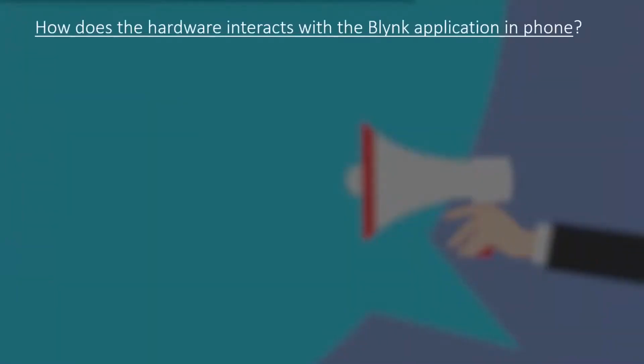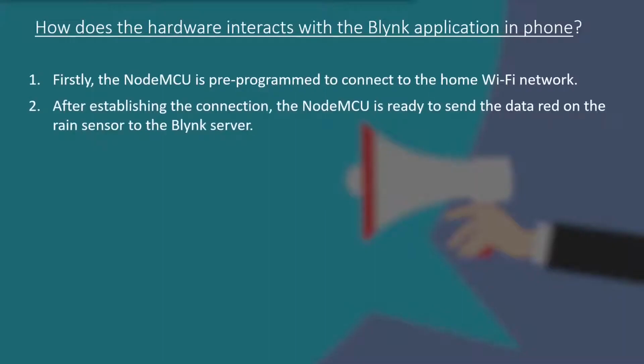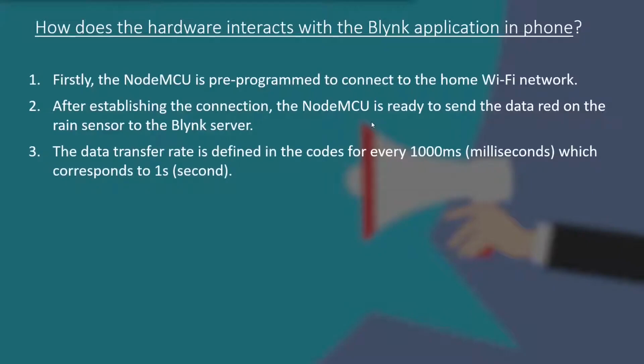So how does the hardware interact with the Blink application in the phone? Firstly, the Node MCU is pre-programmed to connect to the home Wi-Fi network. After establishing the connection, the Node MCU is ready to send the data read on the rain sensor to the Blink server. The data transfer rate is defined in the codes as every 1000 milliseconds, which equals 1 second.